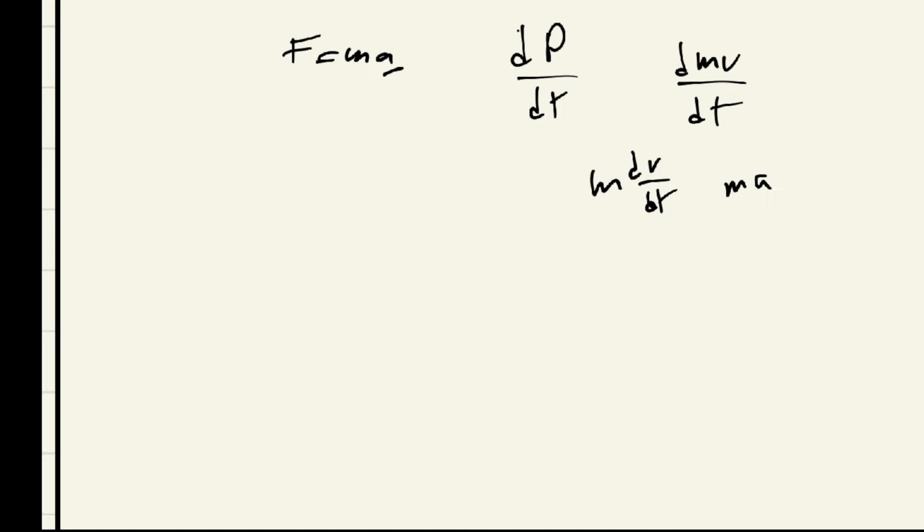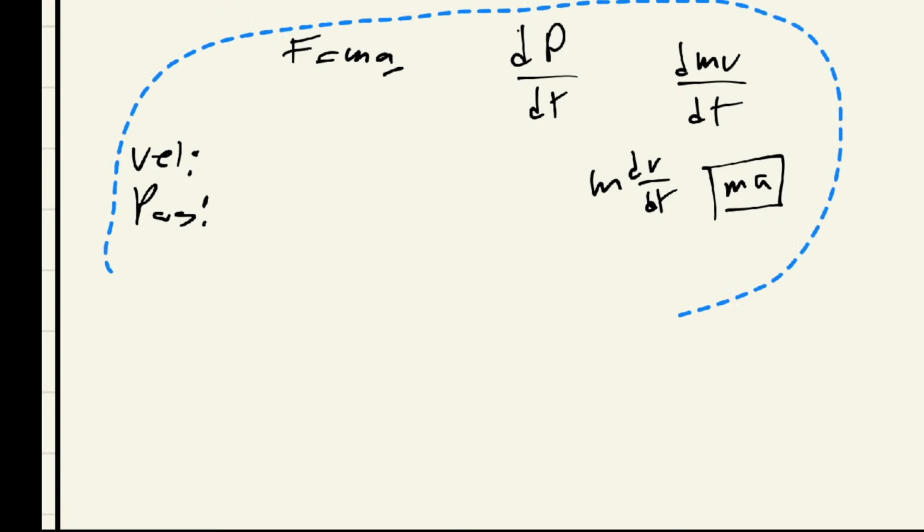So again, we've only ever really been looking at acceleration. We have not been looking at, for example, velocity or position, because they're just harder to figure out. But that is all about to change, and that is going to change with integration. So let's get that going.